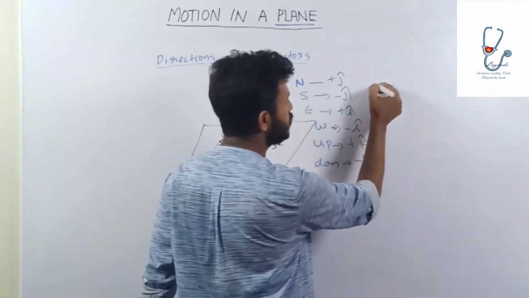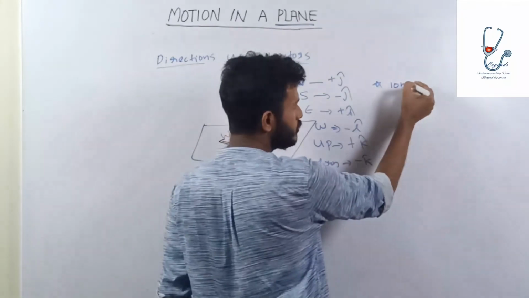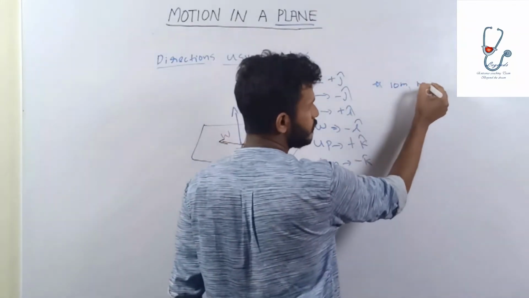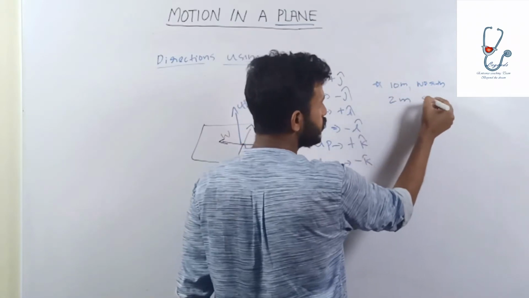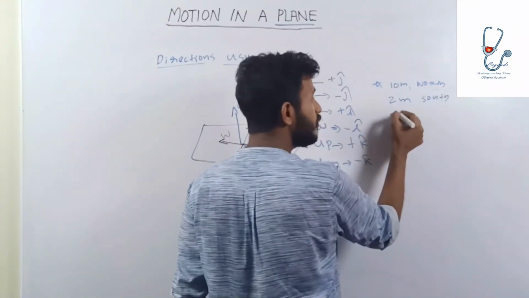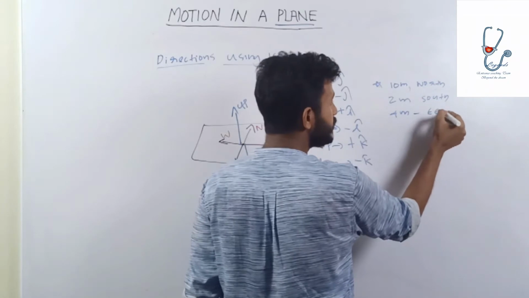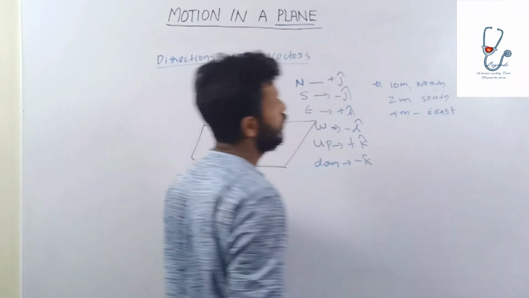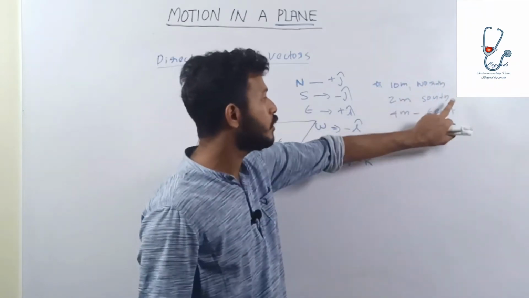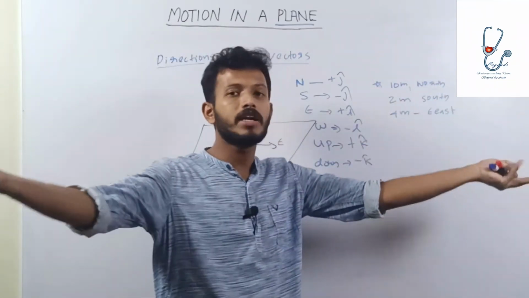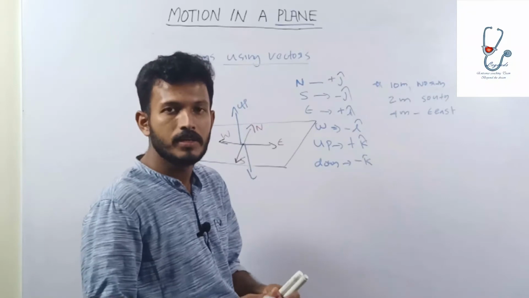Just solve this question. A man moves 10 meter north, then 2 meter south, then 4 meter east. What is his displacement?